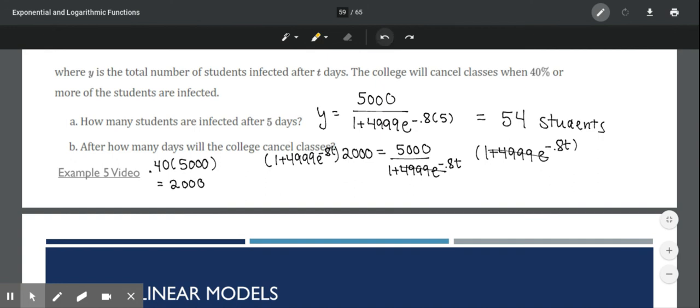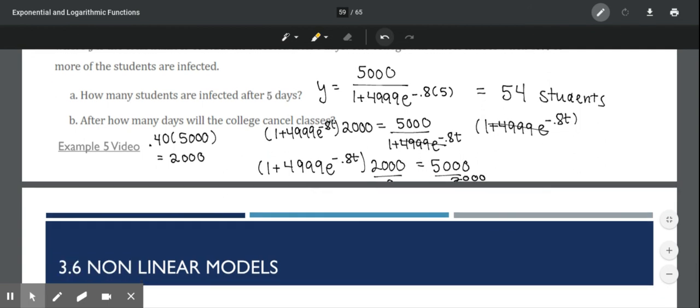So when we have this 1 plus 4,999 e to the negative 0.8 t times 2,000 has to equal 5,000. Let's divide both sides by 2,000. Sorry, that's not showing up. And so if we do that, we get 1 plus 4,999 e to the negative 0.8 t equals 2.5.